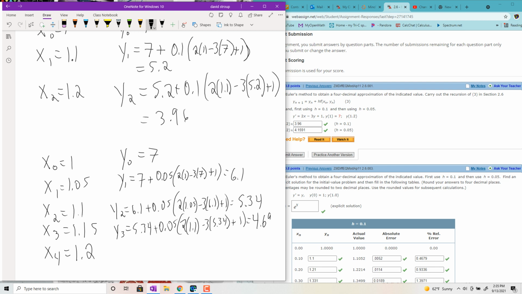That gives 4.699, and then y sub 4 is going to be 4.699 plus 0.05 times 2 times 1.15 minus 3 times 4.699 plus 1.